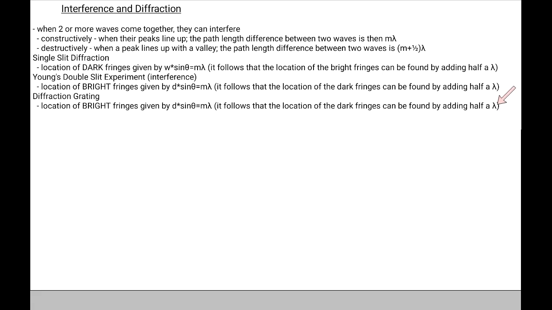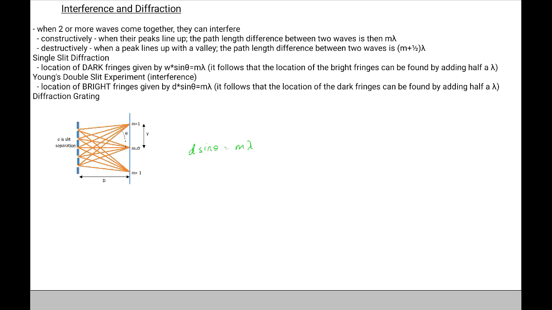Let me go back to the previous slide. So anywhere between here and there, the angle is going to be between there, and anywhere here, the angle is kind of large. So this gets a little bit more complicated.